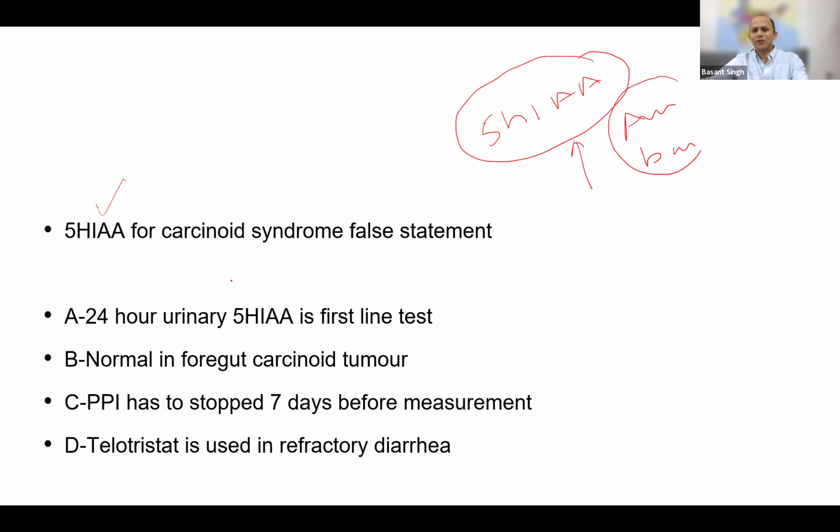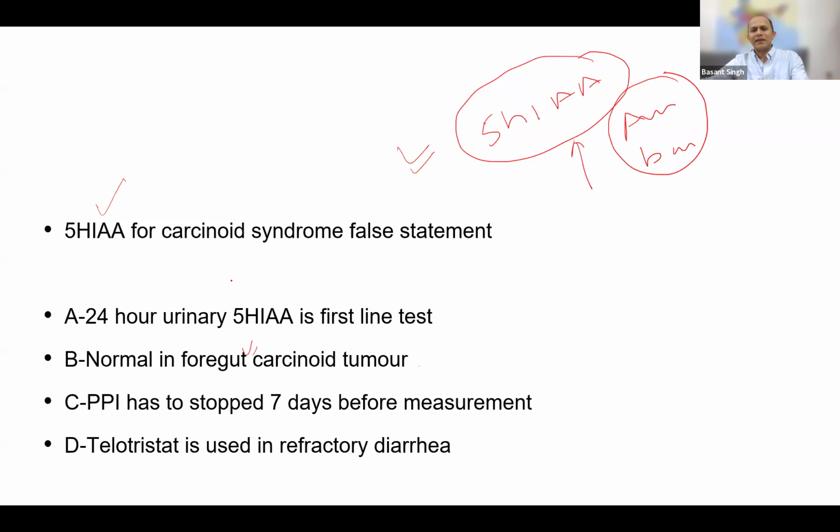People say that you should avoid these because they are metabolized from tryptophan and serotonin. So that you should avoid. Okay. If you have foregut carcinoid, these carcinoids don't have the enzyme to manufacture 5-HIAA. In spite of these patients having carcinoid syndrome, your 5-HIAA levels are normal because you just don't make that 5-HIAA.